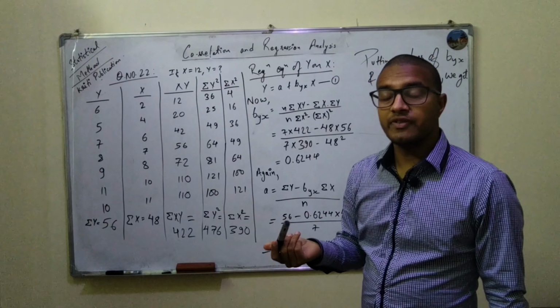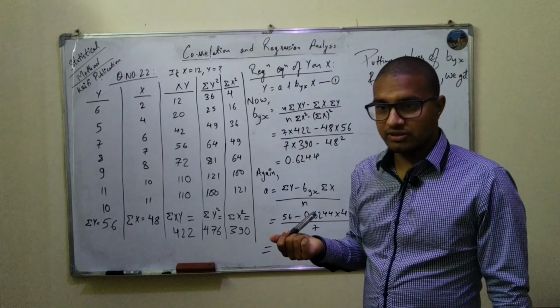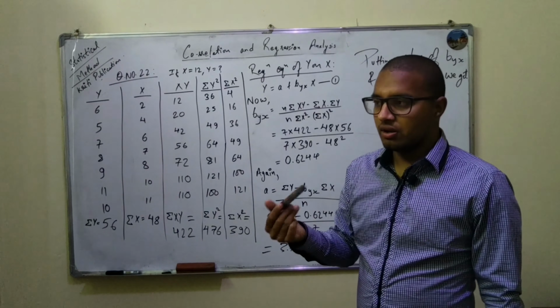Suppose this person is working for this many years, how much money should we pay? Or suppose this is the number of beds and this is your rent. You could even add different variables, like kilometers from the train or other factors. So the regression equation is used for prediction.